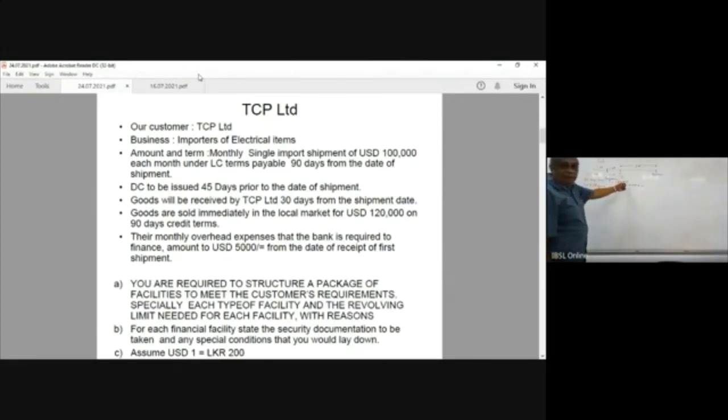this LC payable 90 days from the shipment date. Then when we are going to pay the bill, after how many months? When we receive the bill, the acceptance bill, we will accept the bill, right? And the bill has to be paid 90 days from the date of shipment.